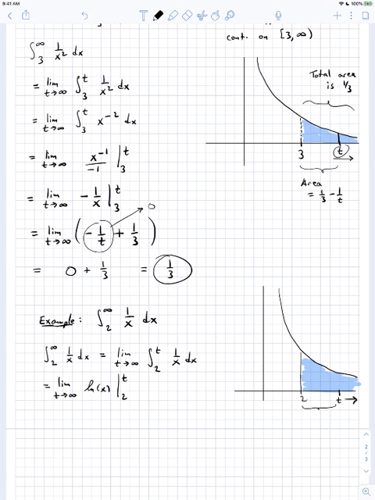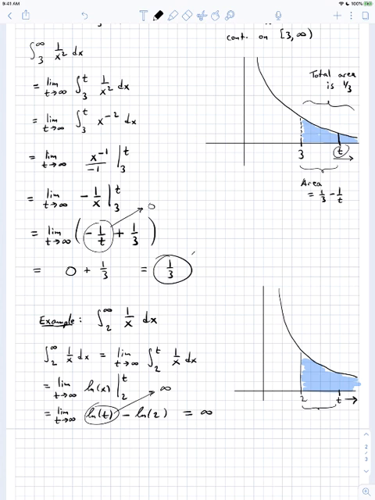Now, I'm not putting in the absolute value here because everything's positive. x goes from 2 to t, so I don't need the absolute value because the absolute value of x is just the same as x. So this is the limit as t goes to infinity of ln of t minus ln of 2. But ln of t, as t goes to infinity, goes to infinity, so the answer is infinite.